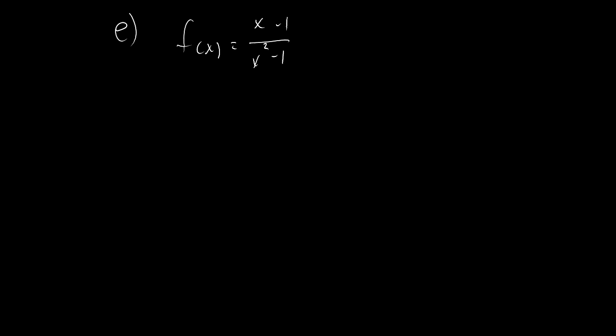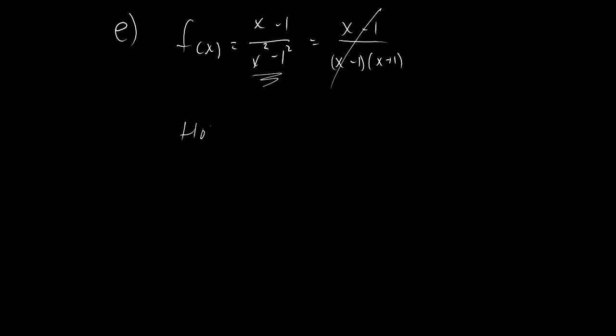Alright, so we're going to look at this, and I don't like the bottom being unfactored, so I'm going to factor that. It's in the difference of two squares form, x squared minus 1 squared, so we can break it up. And I notice immediately that we have a hole.